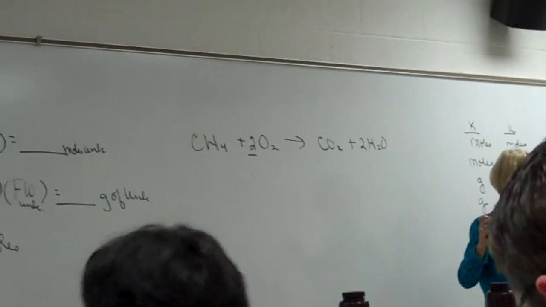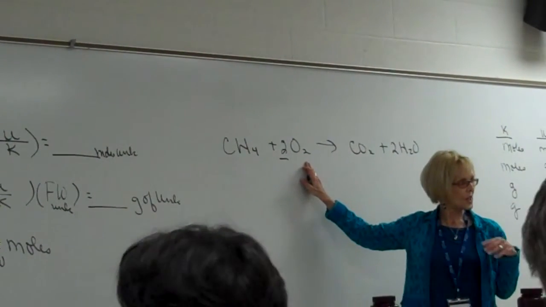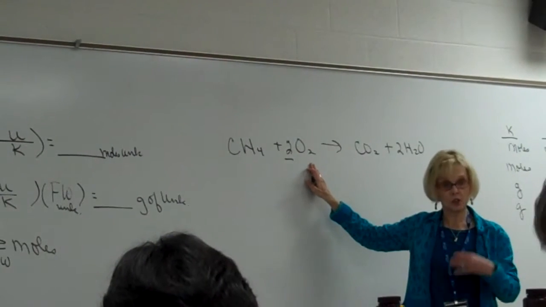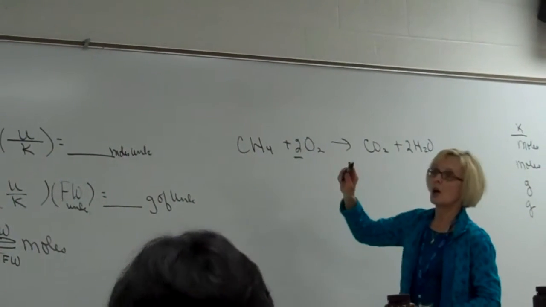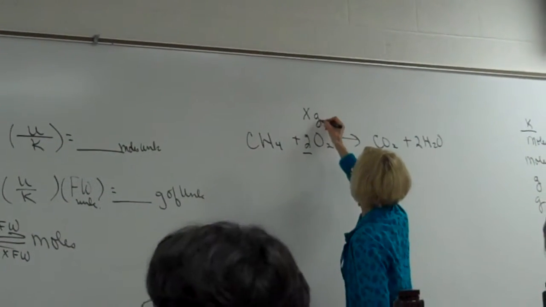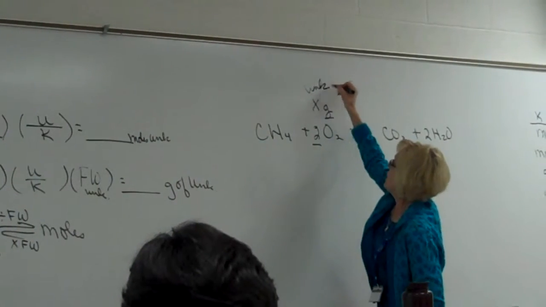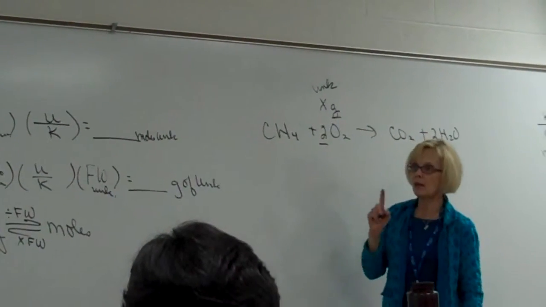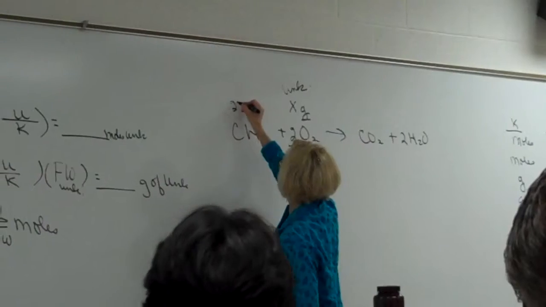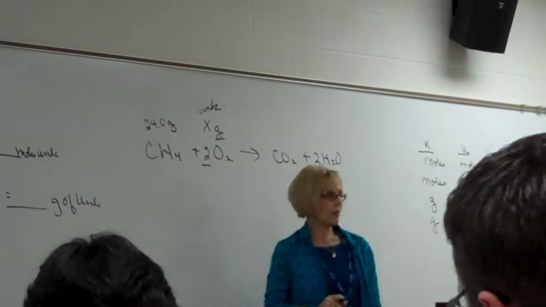Now we could include states, like this is a gas, this is a gas. That's just added information. It's not needed to do a problem like this. So, how many grams of oxygen? Let's put up here, X grams. That's our unknown. Now you were told you have 24.0 grams of methane.